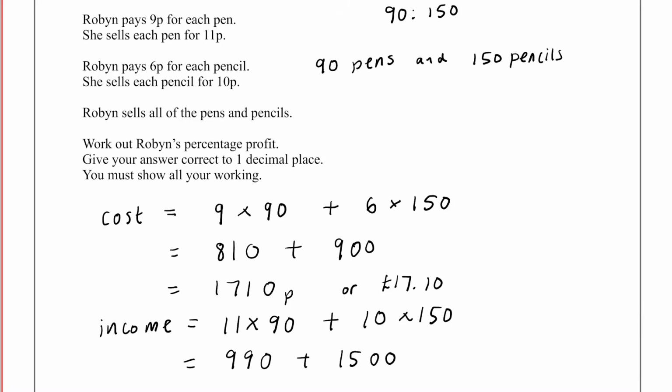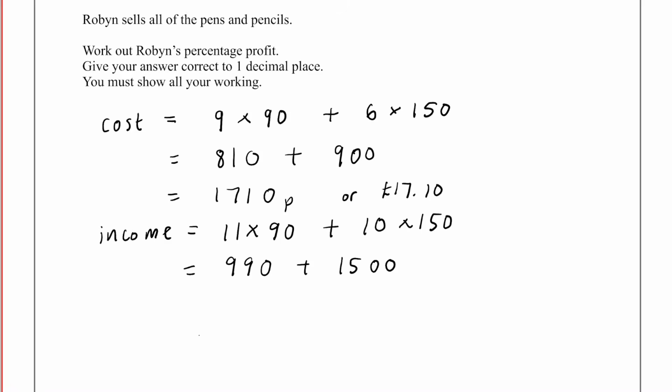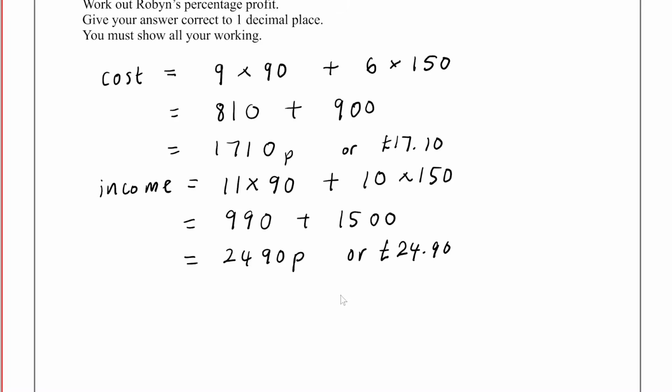Add them together is 2,490p, or £24.90. So we can work out the profit now. The profit will be the difference between these two numbers.